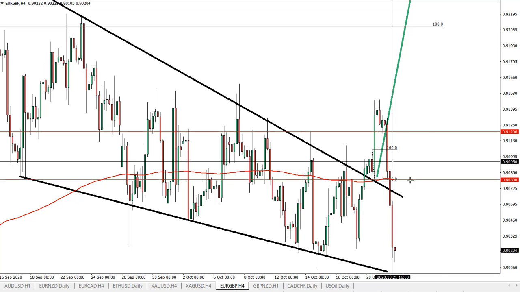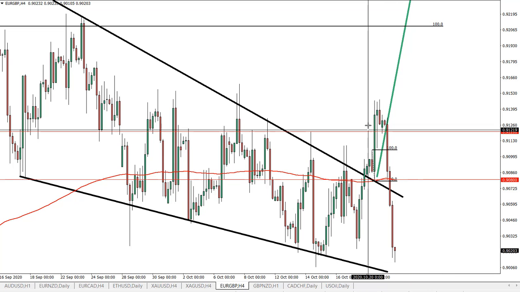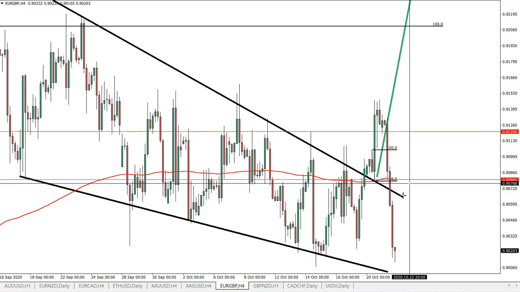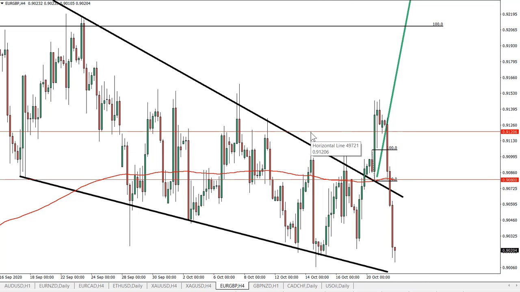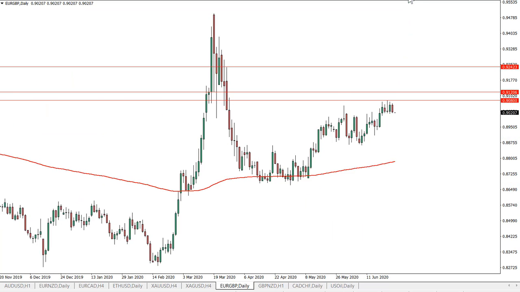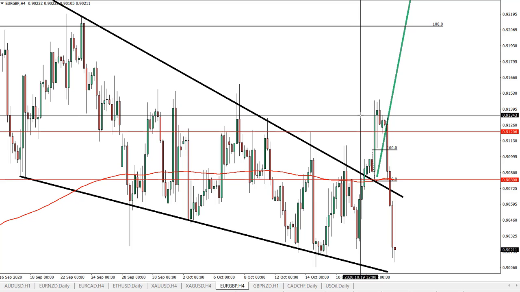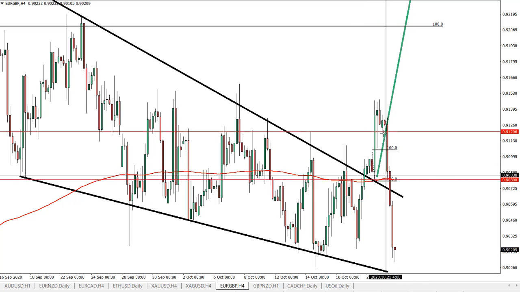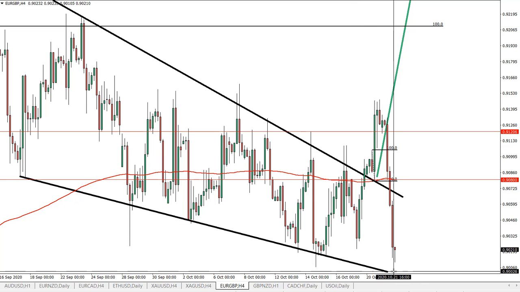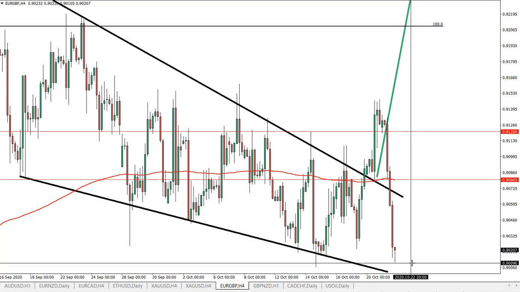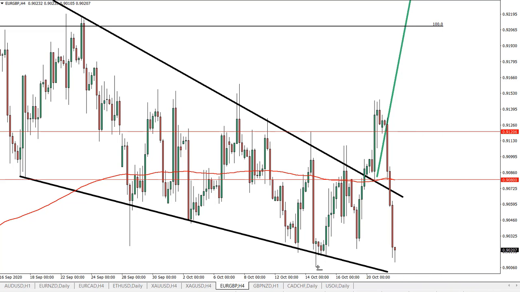Euro pound, well, here was a very crazy move. What we had is a break above this resistance. Clearly there was a break above on the daily time frame as well. Very strong bullish signal on the euro pound, yet there was a massive drop in price. So here I think that the risk increases to the downside if this low will be broken.